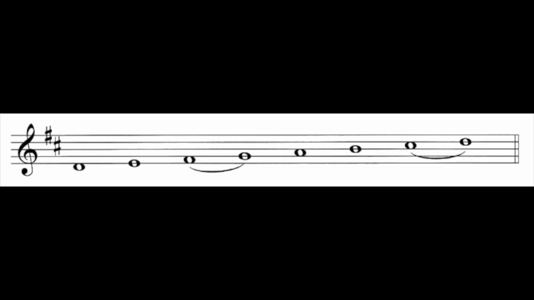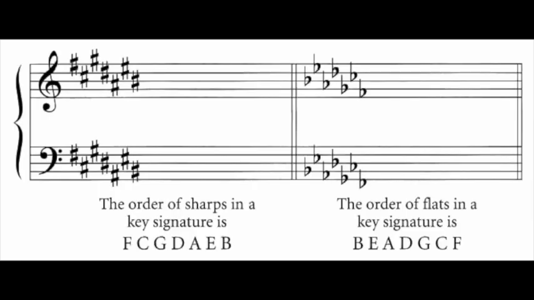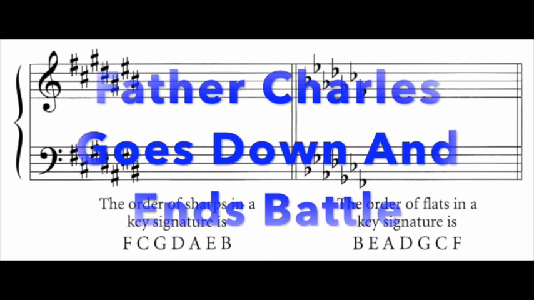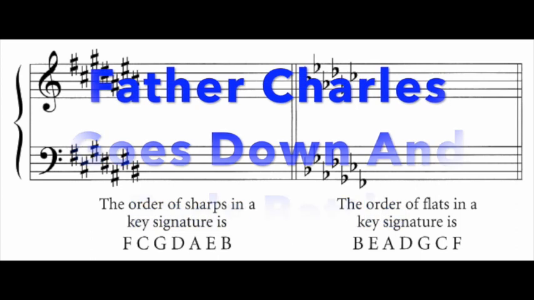Sharps and flats are grouped in a specific order when placed on the staff, and they're reversed to one another. So if we look at the order of our sharps, they go in the order of F, C, G, D, A, E, B. The way that I remembered this growing up was to remember the phrase, Father Charles goes down and ends battle.